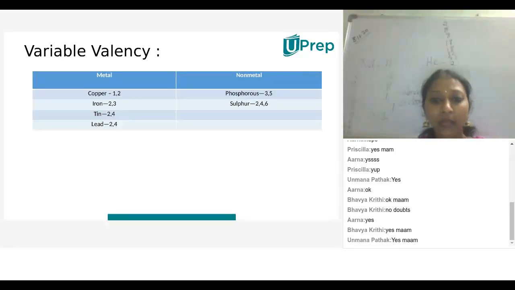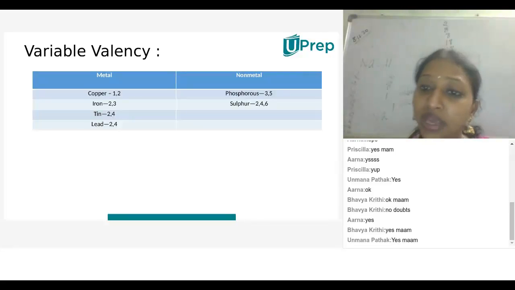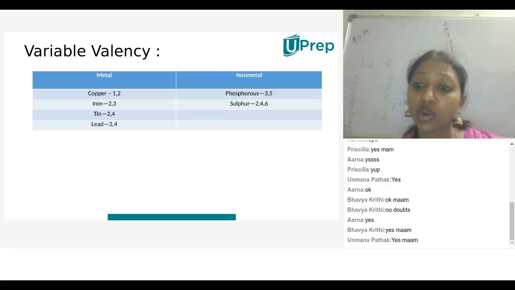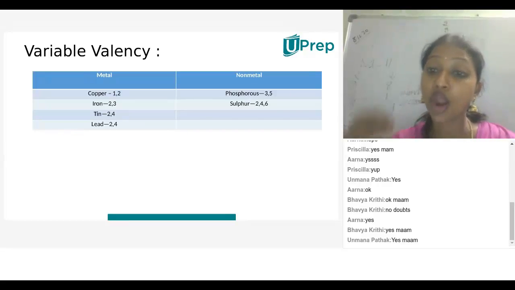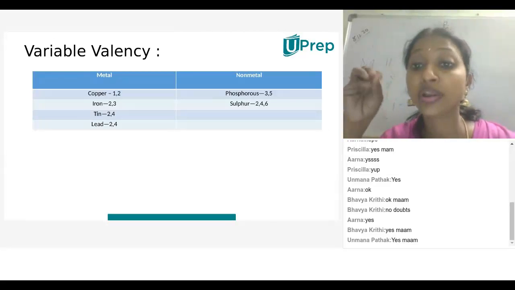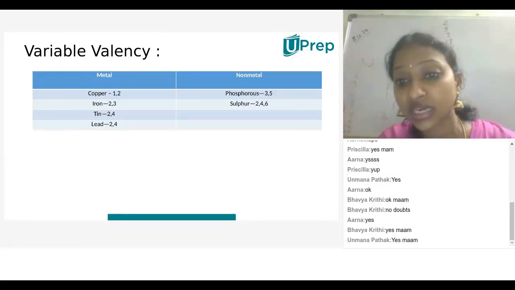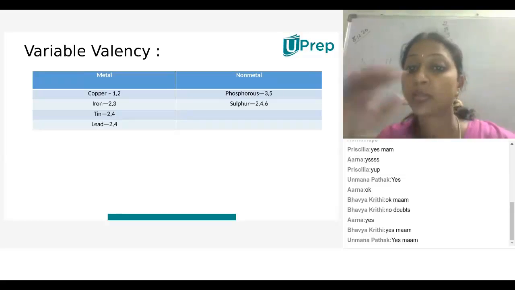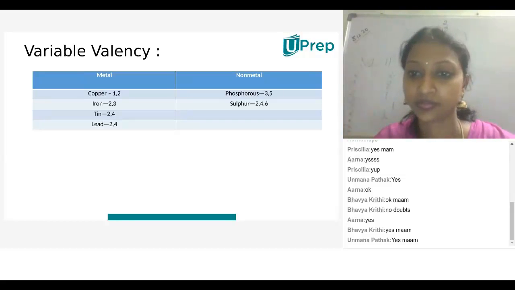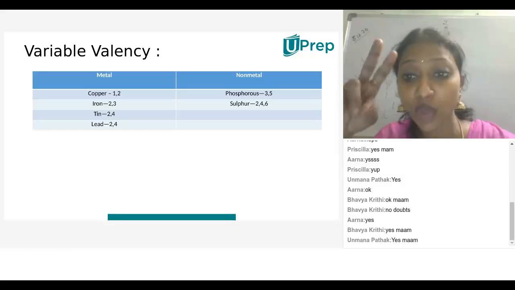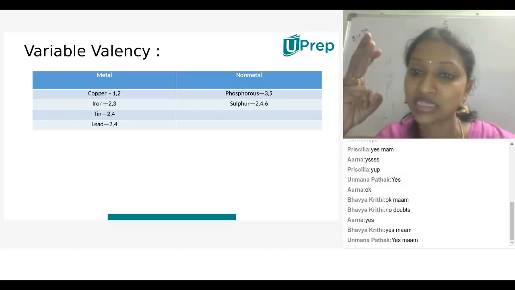Some elements have variable valencies, where the same element can have two different valencies or more than two. According to the formation of bond, the situation, and the adjacent element it wants to combine with, the valency may change. Iron has two valencies, that is valency 2 and valency 3.